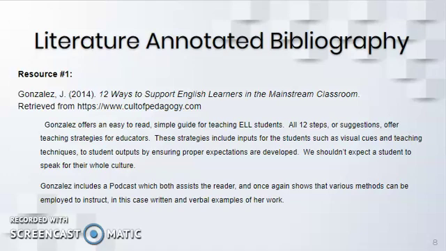And similarly, with a student in your classroom, you want to be very careful as to what you say or how you present yourself. Number 10, don't make the child speak for their entire culture. Make it personal to the child. What are their experiences? If a child is from Mexico, they are not speaking for all of Mexico.